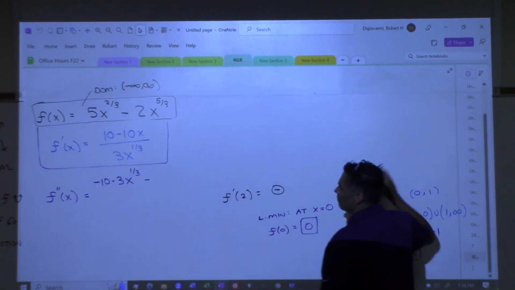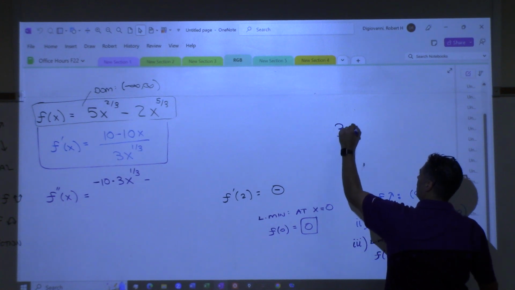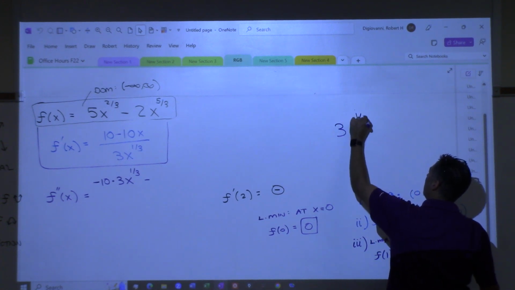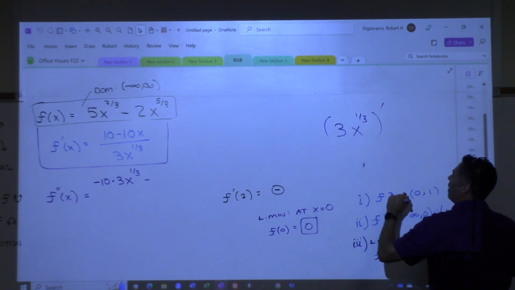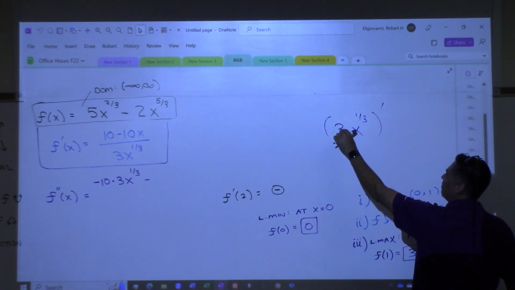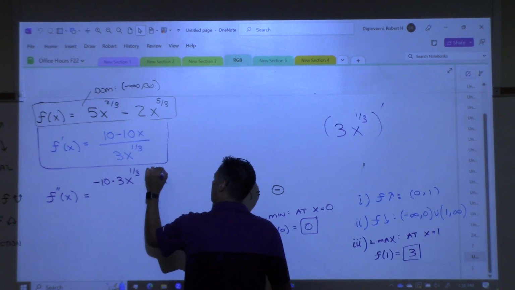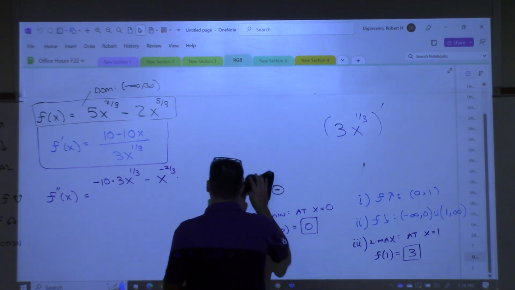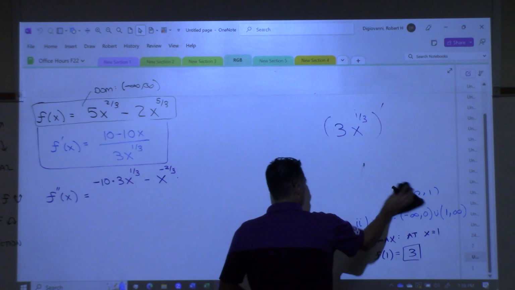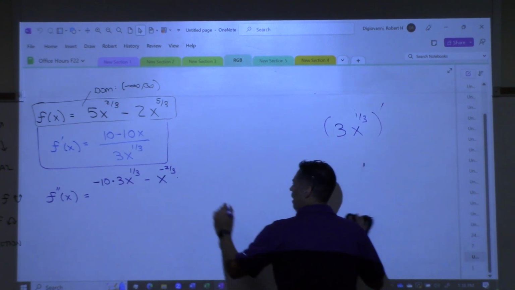1x to the negative 2/3. Yes, good. So when you take the derivative of this, on the bottom, the 1/3 comes out, hits that, becomes a 1, then you subtract 1. So x to the negative 2/3. And then times what? 10 minus 10x, the top, in parentheses.